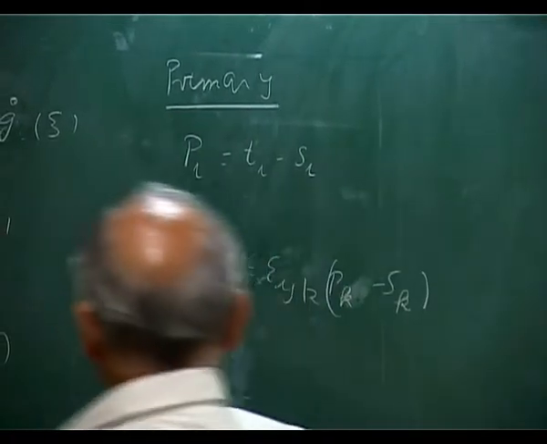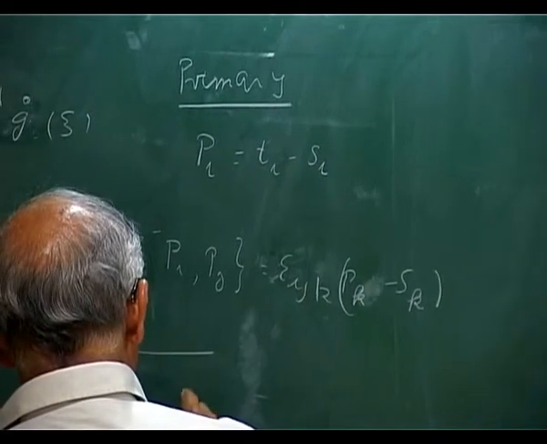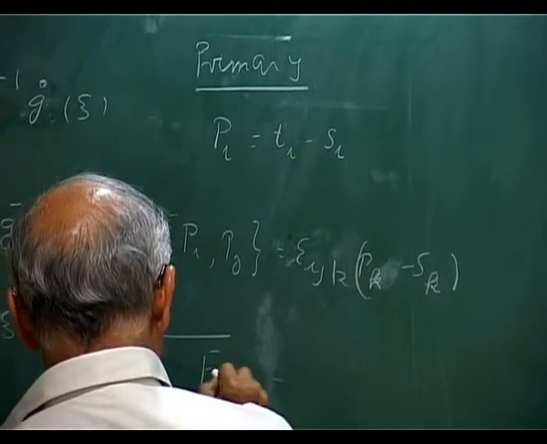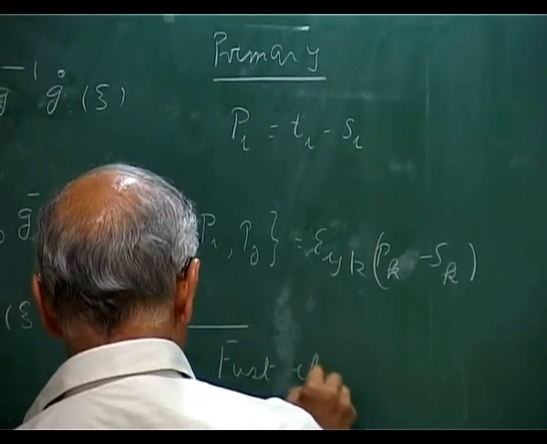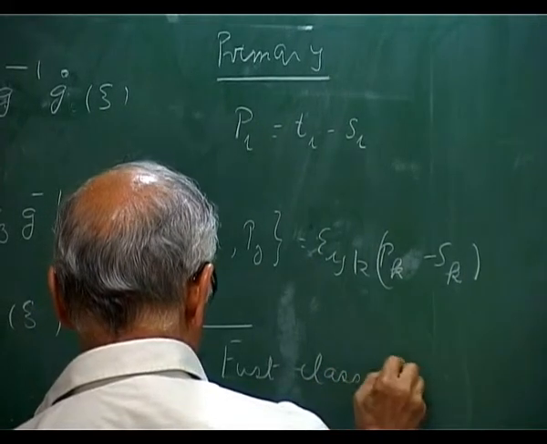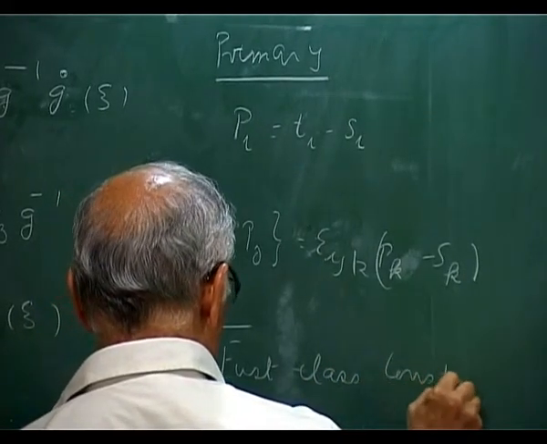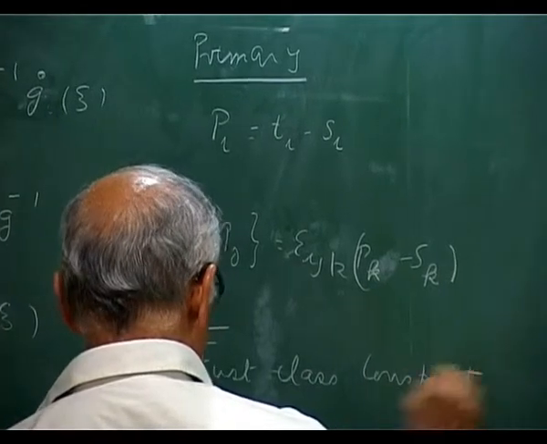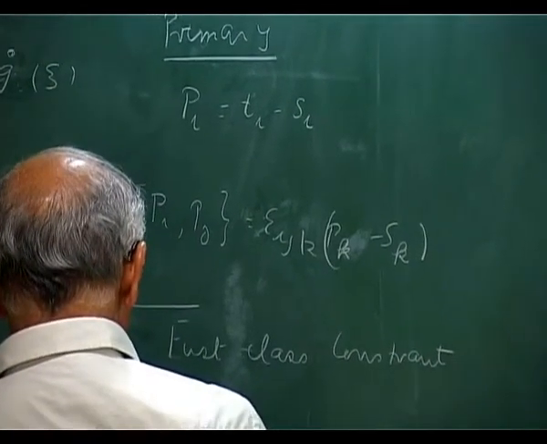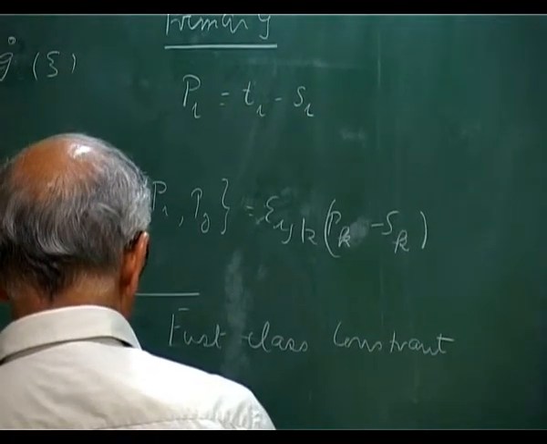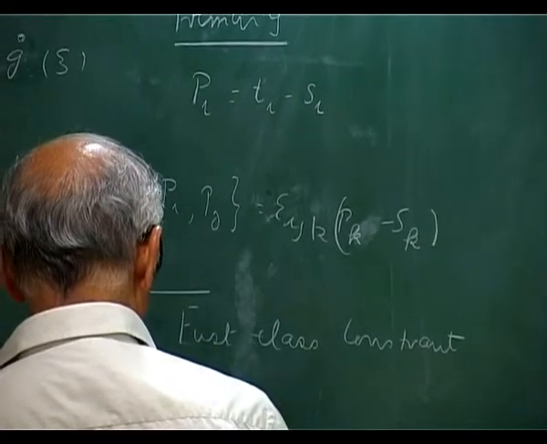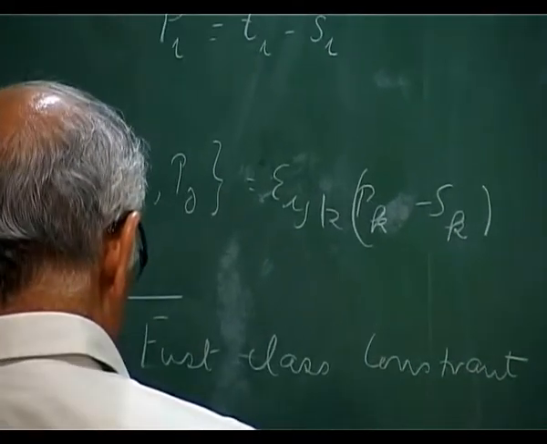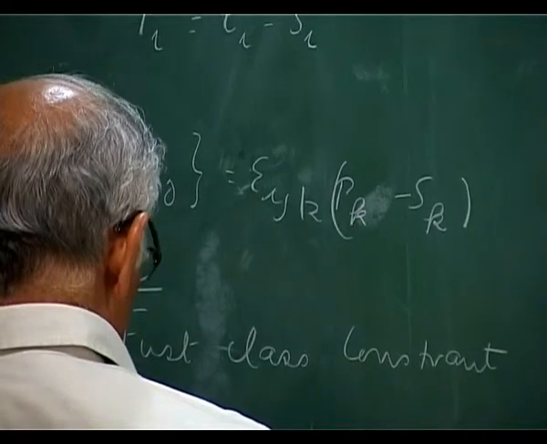Then we found that the first class constraint was of the form, I think we called it V_i P_i, and V_i is parallel to the spin.